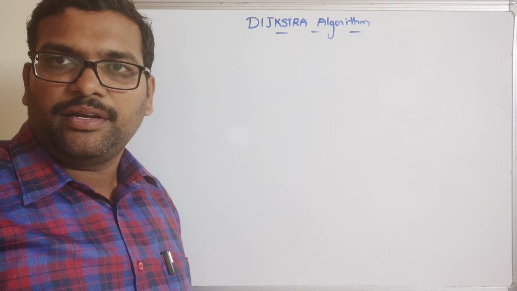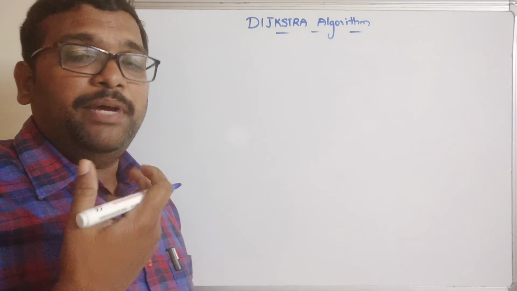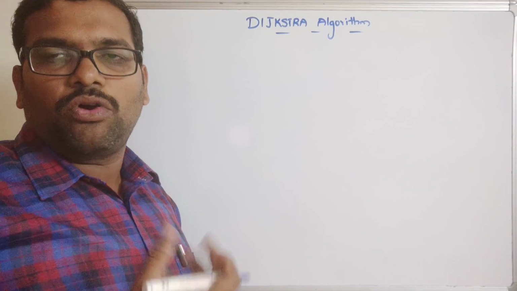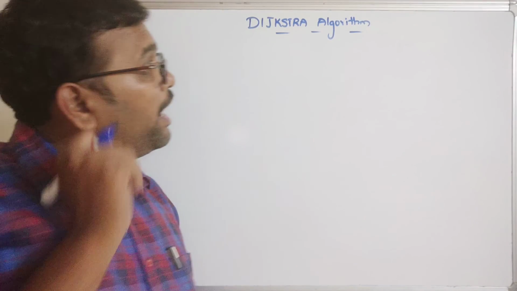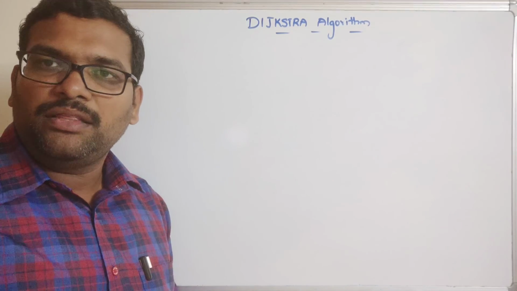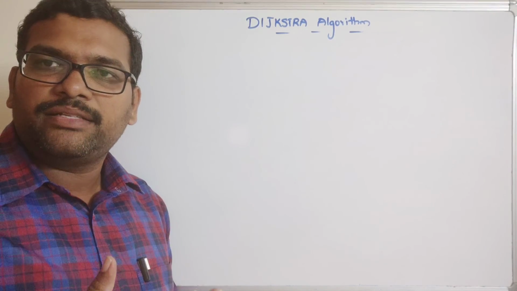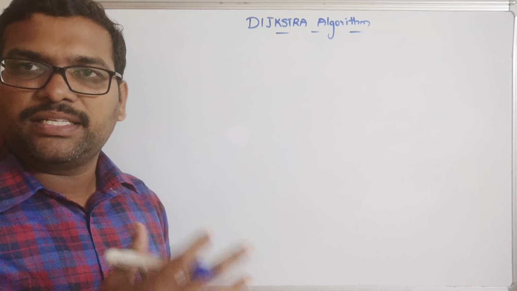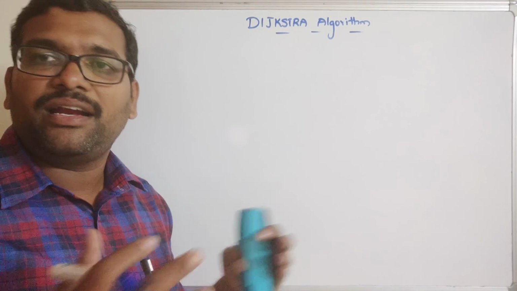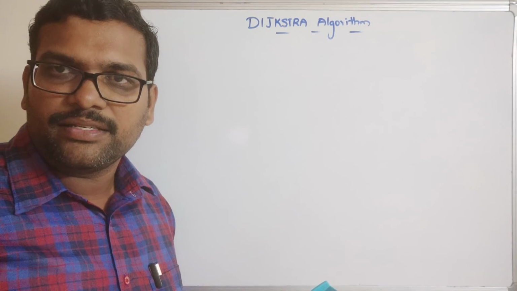What is a greedy method? Selecting the best or optimal solution from a solution set is called the greedy method. And here the Dijkstra algorithm means finding the shortest path from the source vertex to all the remaining vertices in a graph. So we know that a graph is a set of connected edges for all the vertices.